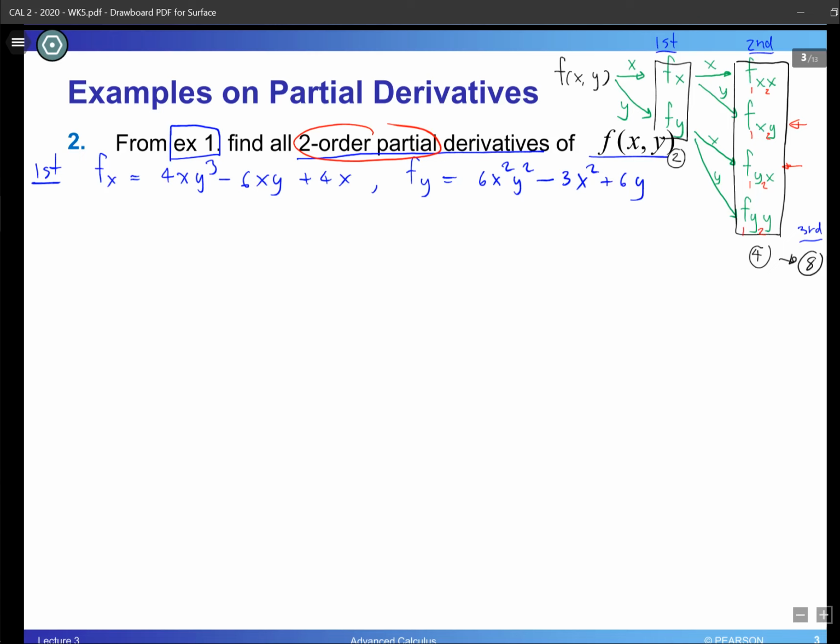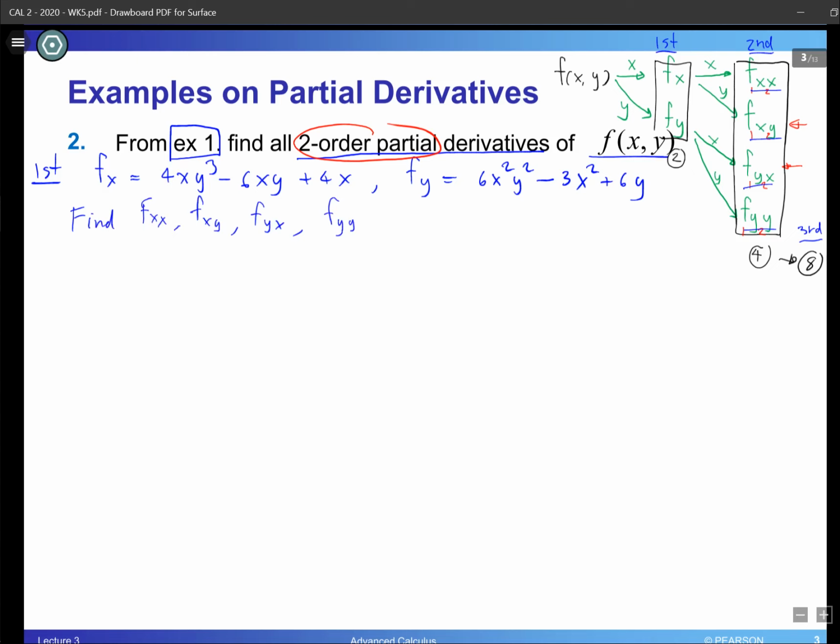Okay, so our job here is to find them all. So we have to find fxx, fxy, fyx, and fyy. Alright, quite a lot of things to do.